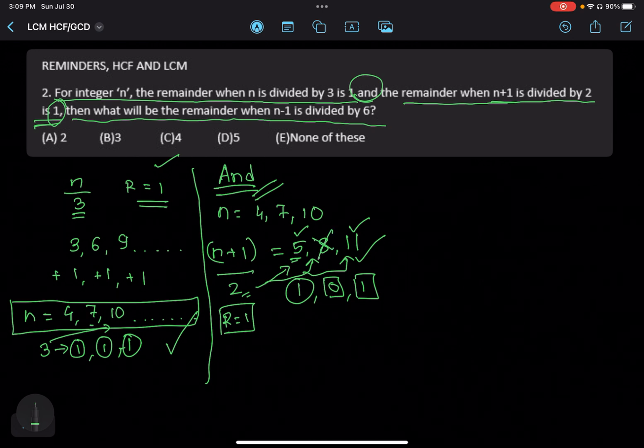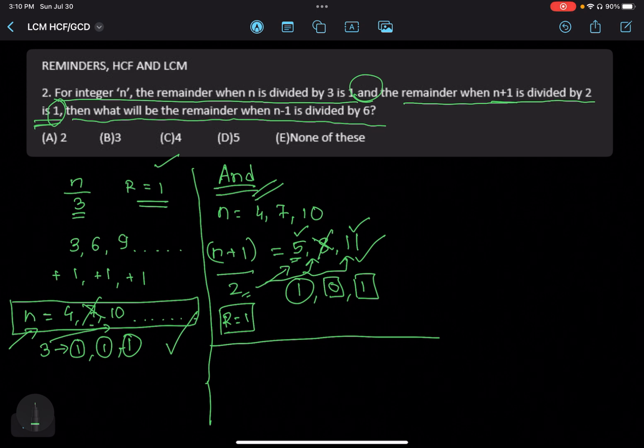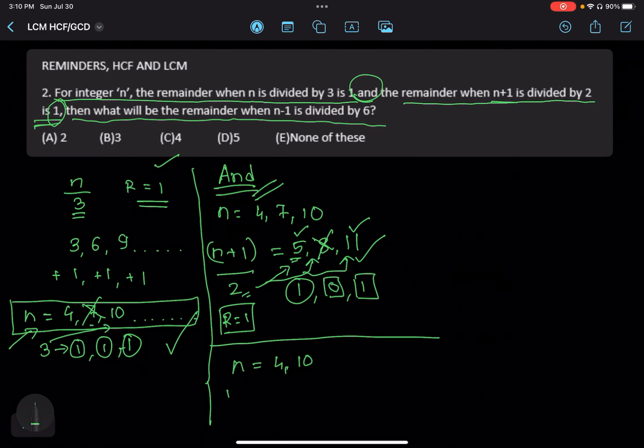And as I'm rejecting n plus 1, which is 8, I should even reject n, which is 7. So following these two cases, the two numbers which I will predict to be n are 4 and 10. Or I can even say n plus 1 is equal to 5 or 11.